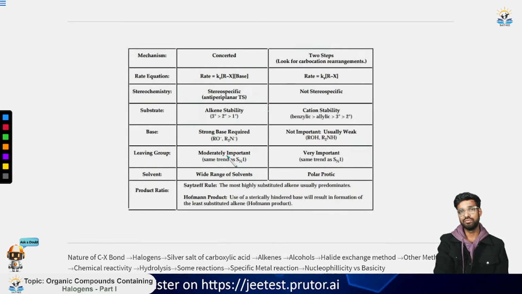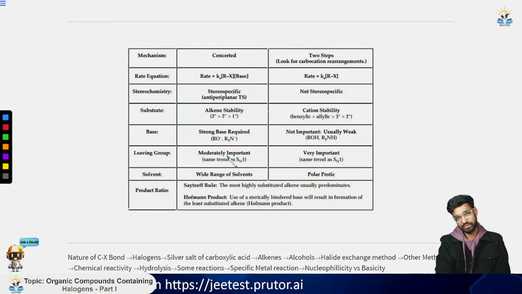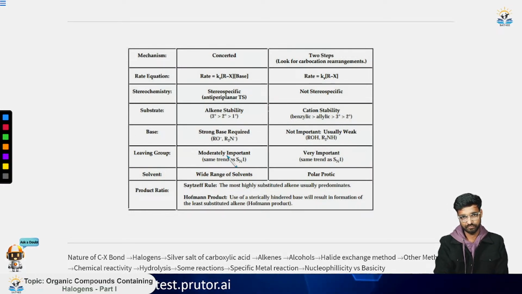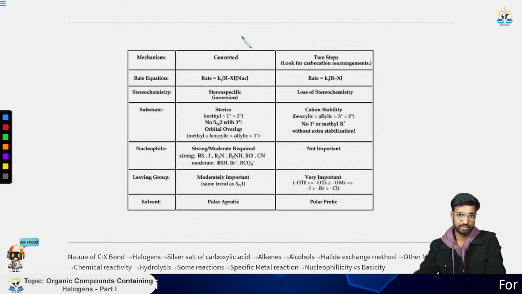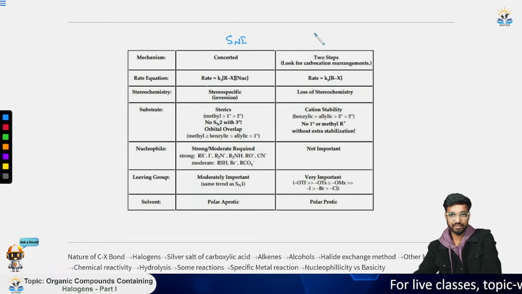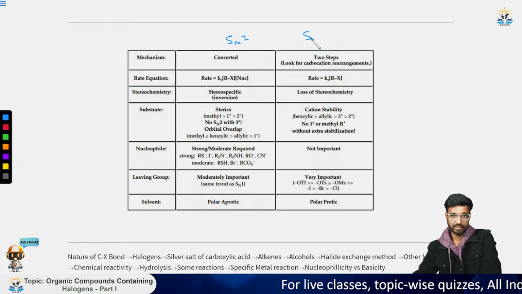Now let us move to SN1, SN2, and then E1, E2. This is SN2, and this is SN1.